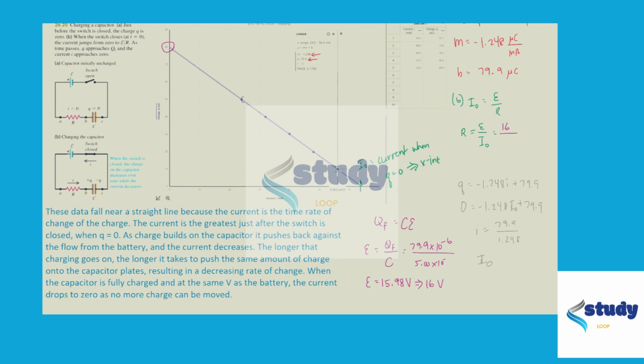Negative 1.248 I naught plus 79.9 equals 0. And so I naught is going to be 64 milliamps. So we will plug in our 64 times 10 to the minus third amperes up here, and that is going to give me a resistance of 250 ohms.